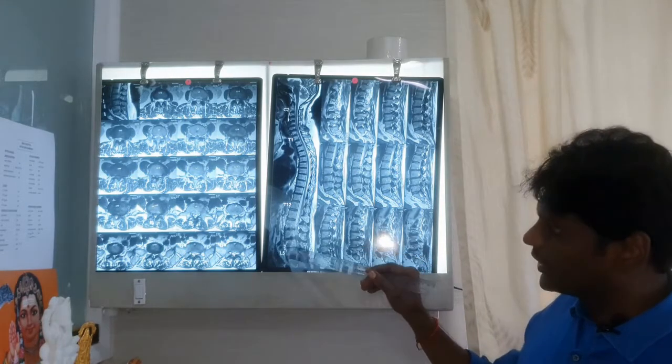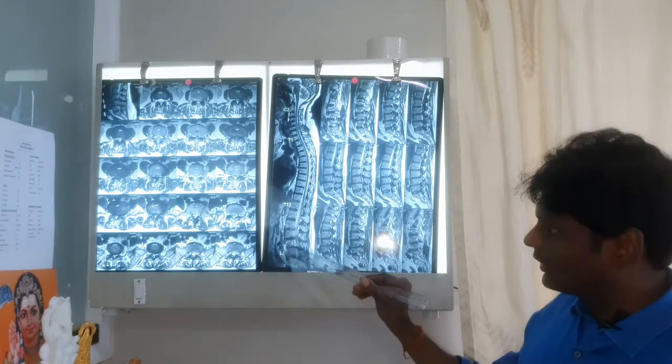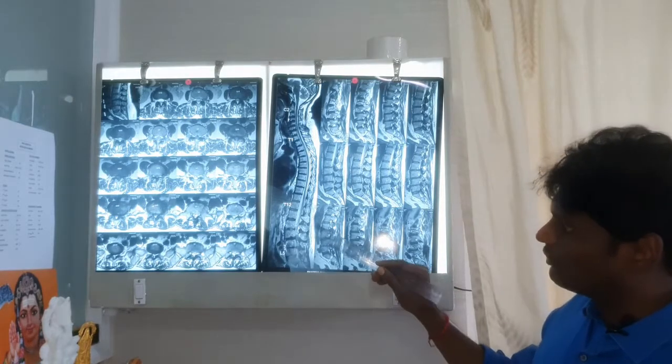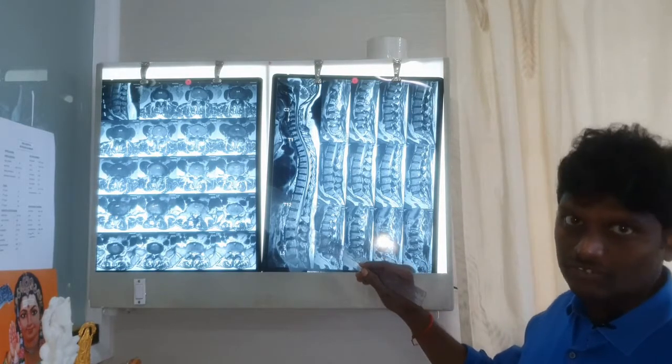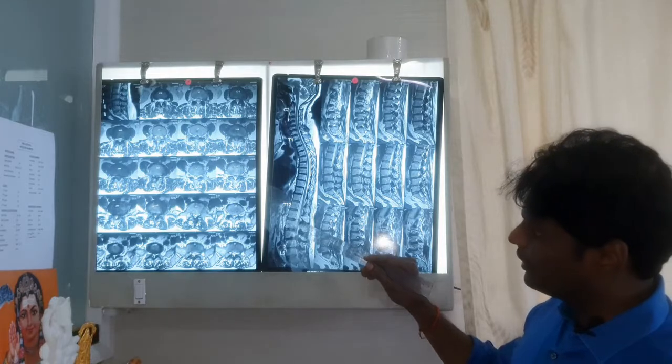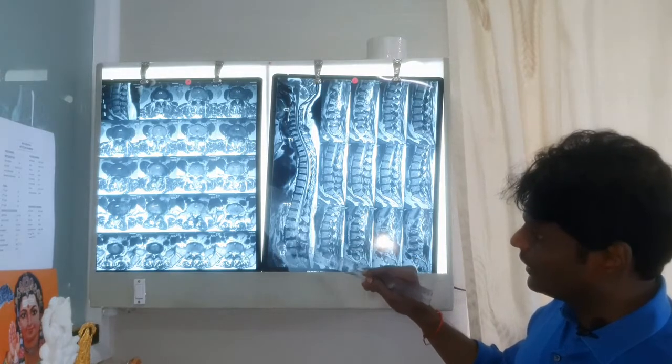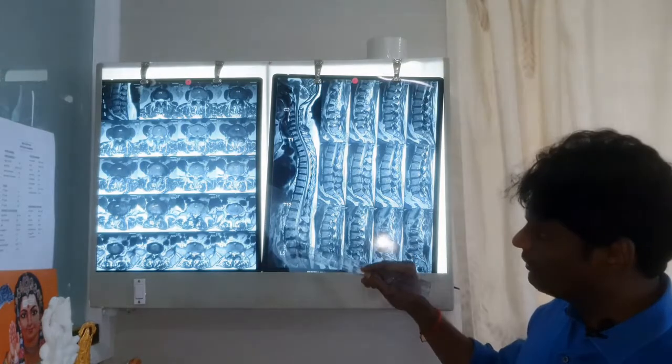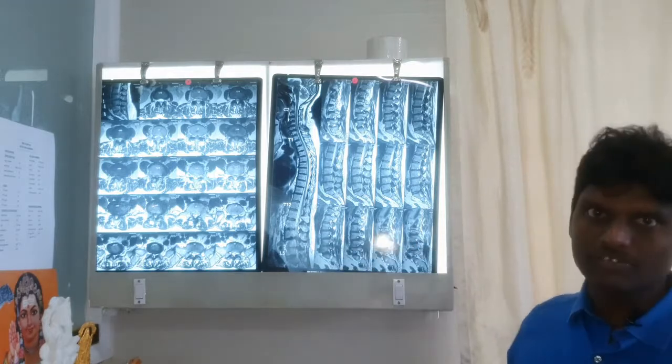If she is not undergoing an artificial disc replacement at L4 L5 level, then she has to get a spinal stabilization procedure that covers L3, L4 and L5. So in all three levels, she has to undergo a spinal stabilization procedure.